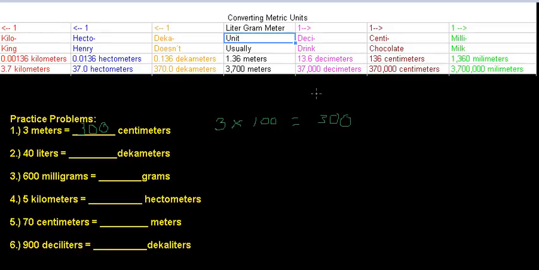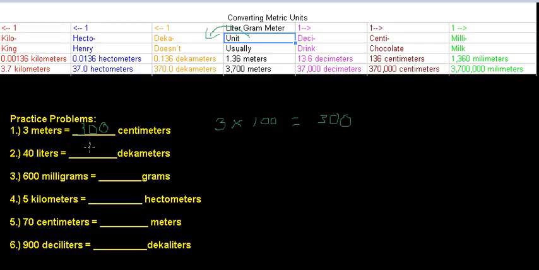Alright, next one, 40 liters. I'll look for the unit. Here I say liter. Again, we start in the middle if it's just a liter, a gram, or a meter. So that's 40, and then we are going to deca. So I'm going to start over here, deca. It's 1 to the left. We're starting with liter and ending with decaliter, so we're going 1 to the left.